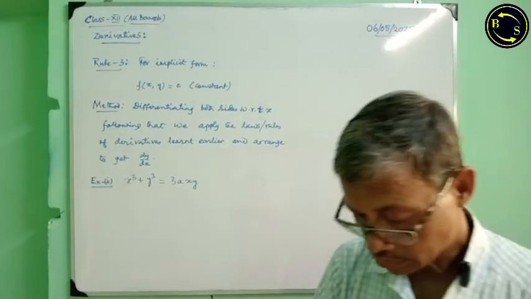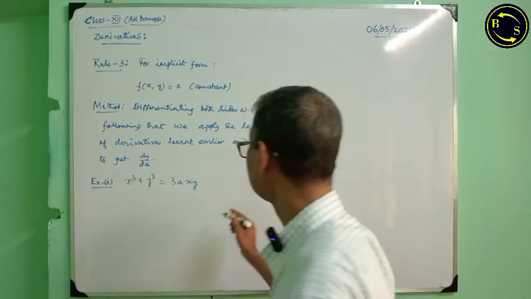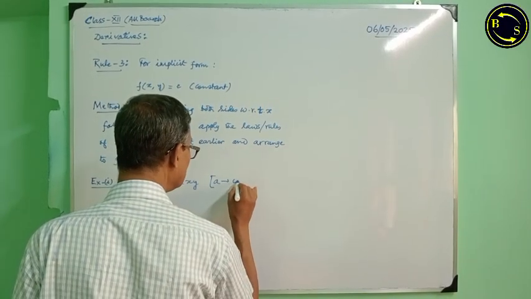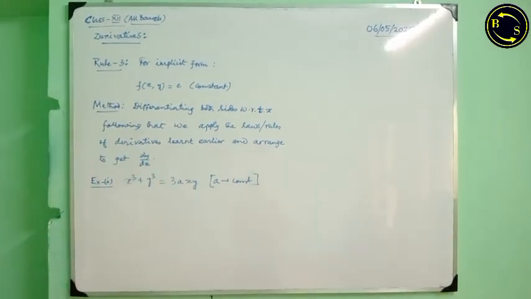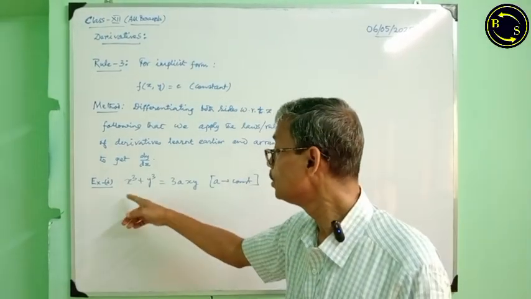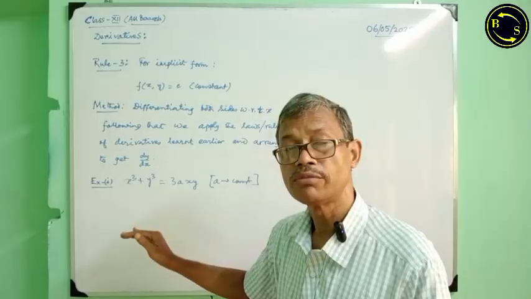This equation, rather relation, involving x, y, here a is constant, we mentioned that we cannot express y in terms of x. That is why this relation involving x, y is in implicit form.